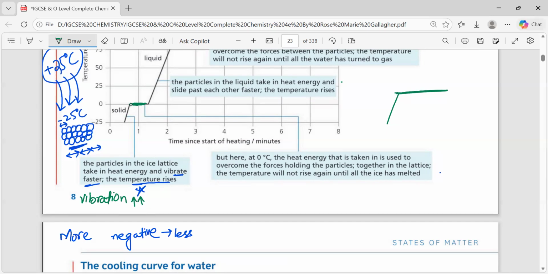Now, when this point reaches 0 degrees Celsius, the heat energy which the ice absorbed was used to break the intermolecular forces.